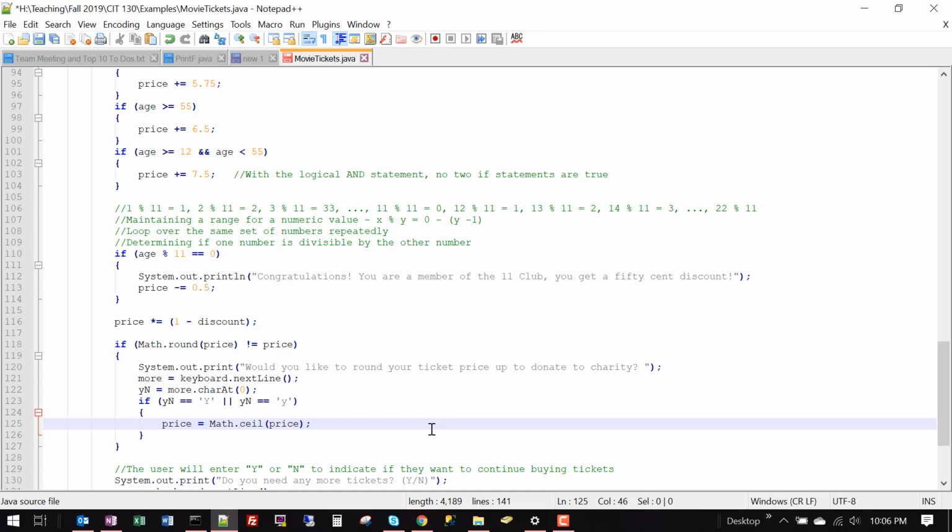So I'm just simplifying for you, and just understand that it is referring to rounding up, that the ceil, or ceiling, did I spell that right? I did, is always a round up. So let's save that.